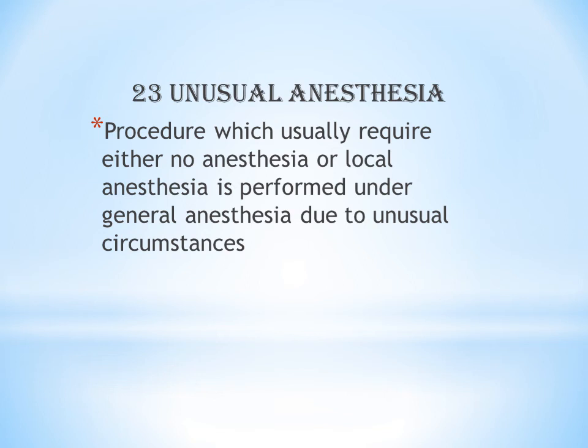In such a case, you have to give this modifier 23, unusual anesthesia, because this case usually does not require general anesthesia, but due to some circumstance it is requiring anesthesia currently.